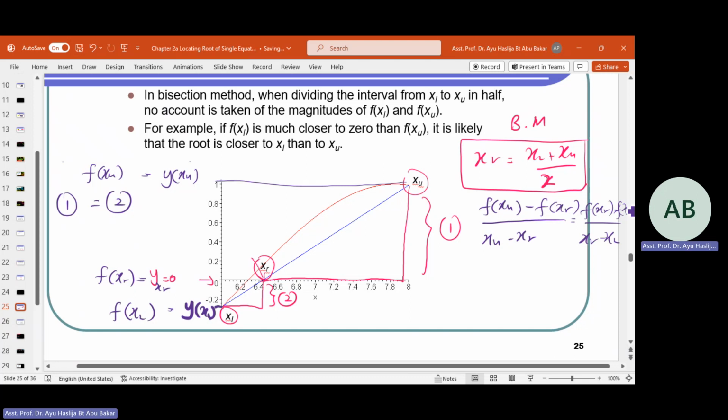Now you need to rearrange in order to get XR on the left hand side. So how do we do it? Multiply both sides. But before that, we know that F(XR) is equal to 0, right? So this one cancels out already.